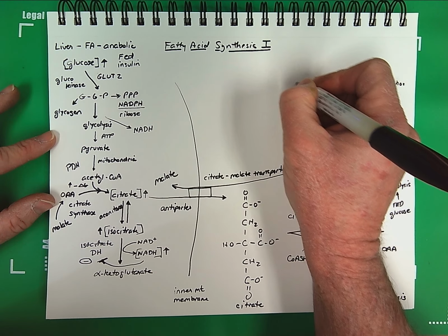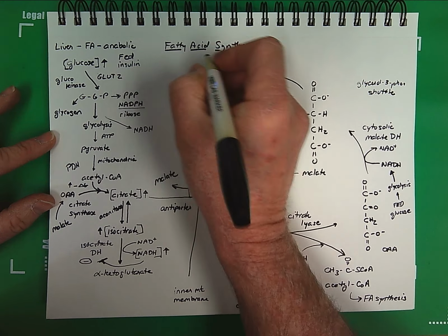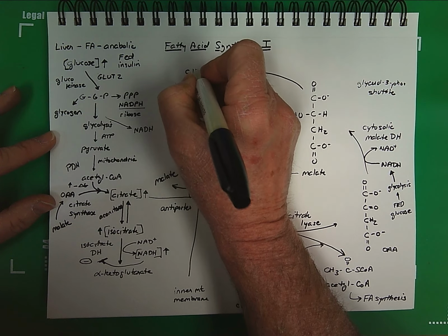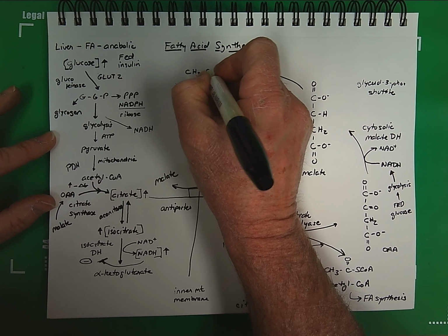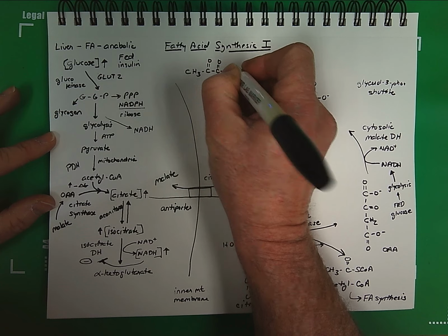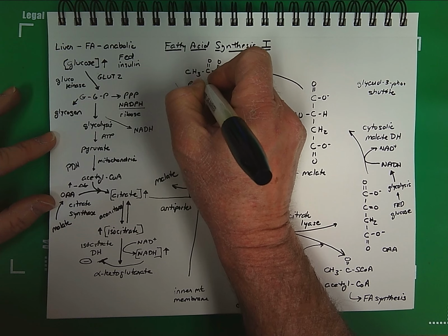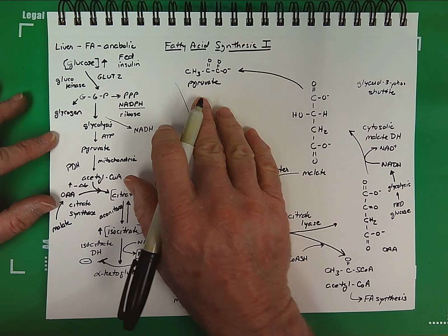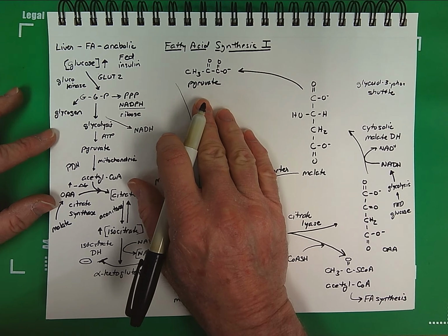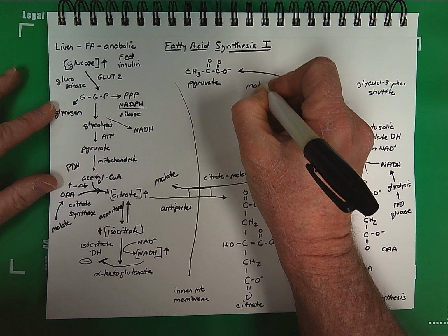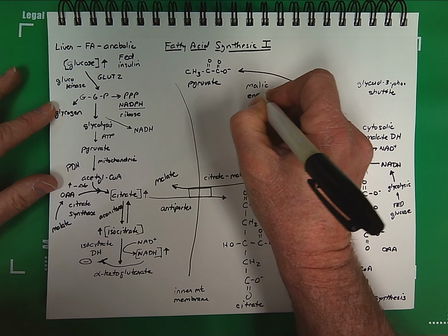The other path that this can take is to form pyruvate. Now this pyruvate is being generated in the cytoplasm. The enzyme that does this is called the malic enzyme.